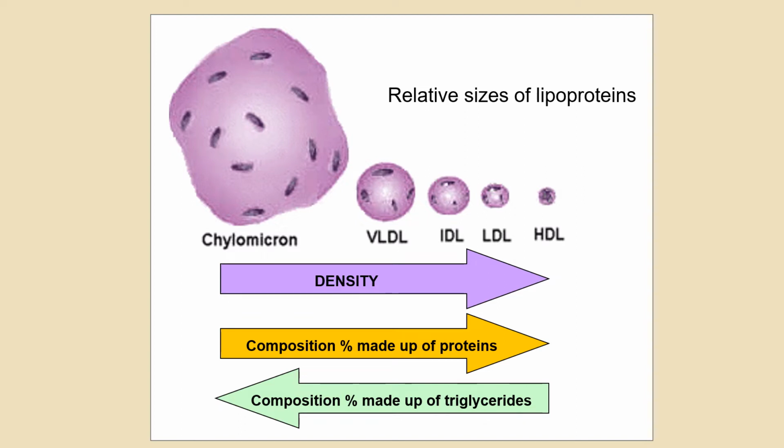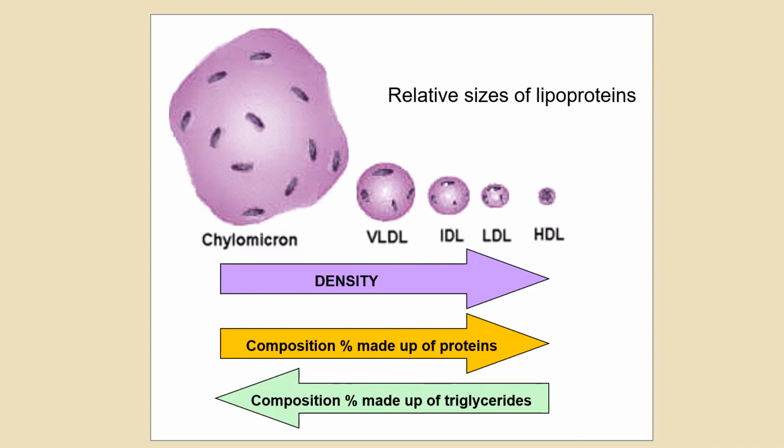Just like oil floats on top of water, it's because lipids are less dense than water. So we have to think about the lipid to protein ratio. And chylomicrons, the ones all the way on the left, chylomicrons are those lipoproteins that form in your intestinal epithelial cells following the absorption of lipids and fat-soluble vitamins and fat-soluble phytochemicals.